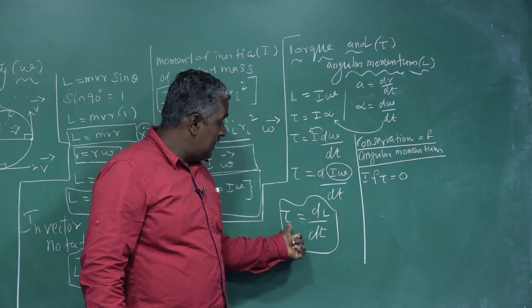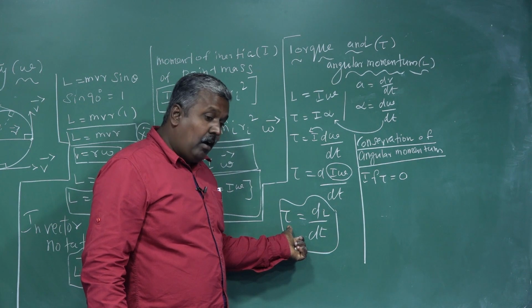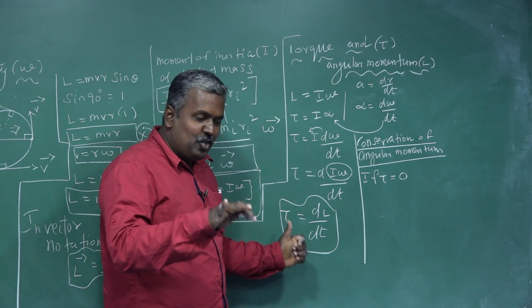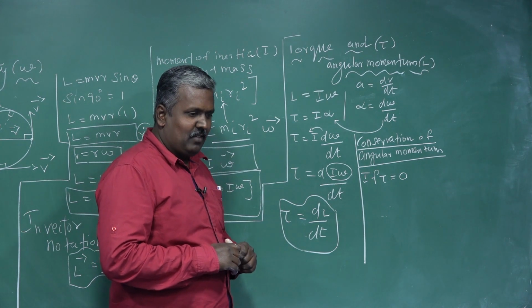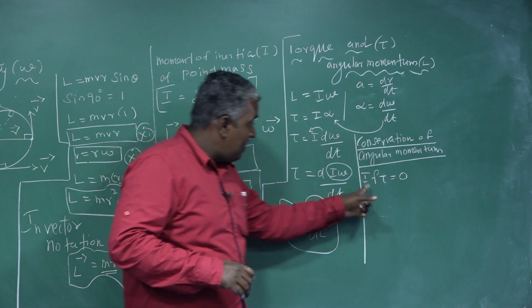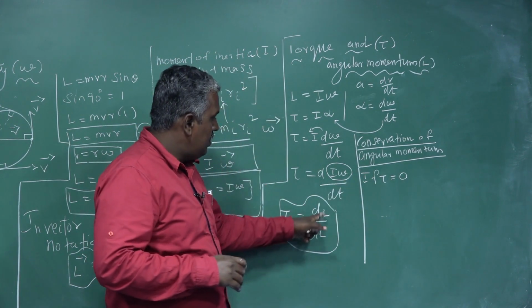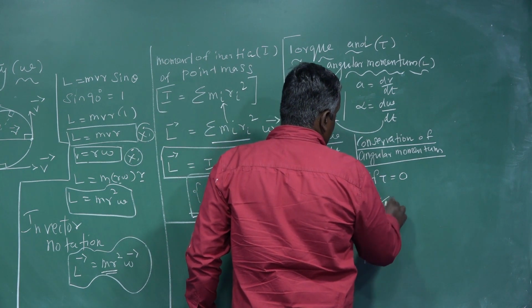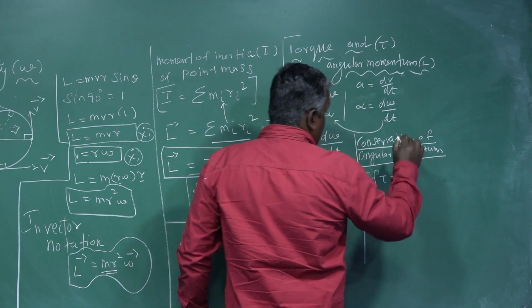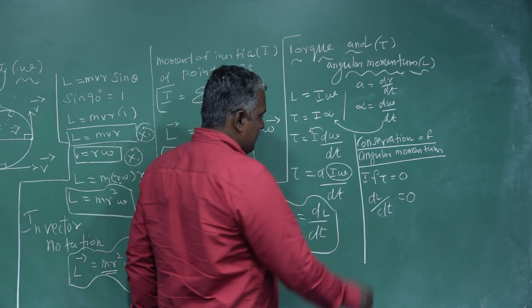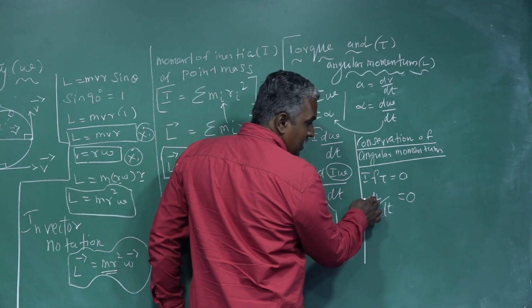So in the absence of external torque on the rigid body, now you consider the condition tau is equal to 0. So if tau is equal to 0, dL by dt is very good, 0. It means compulsory it will be constant.